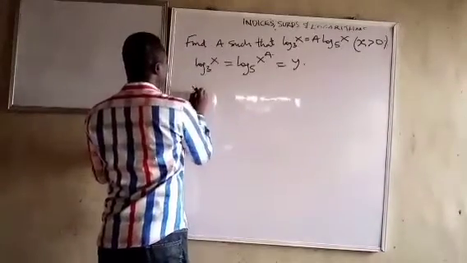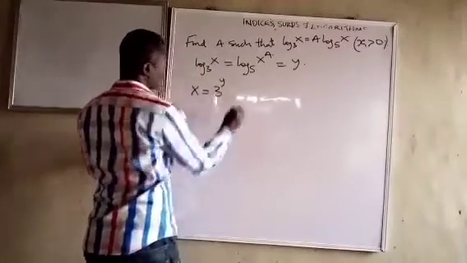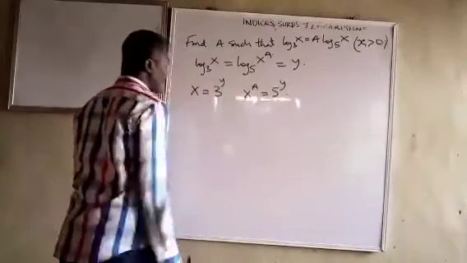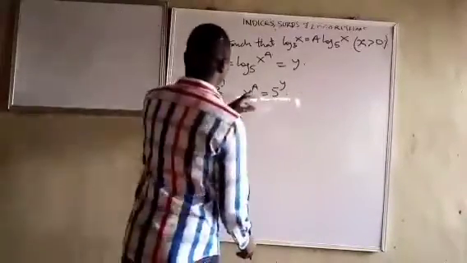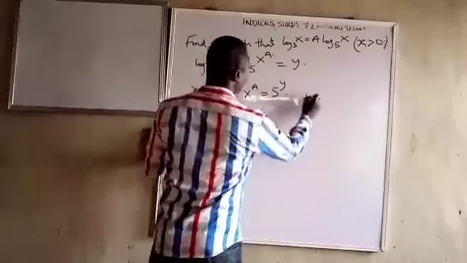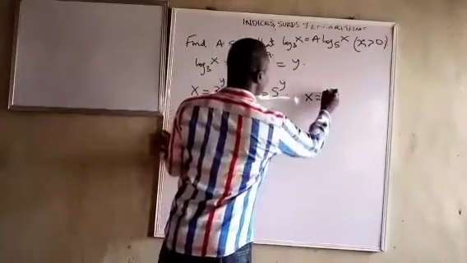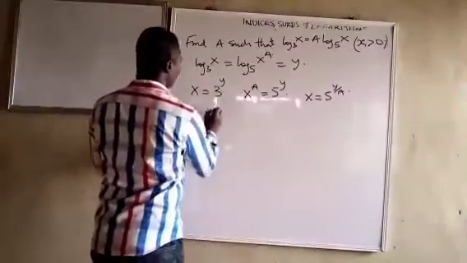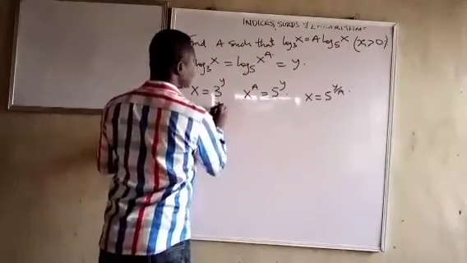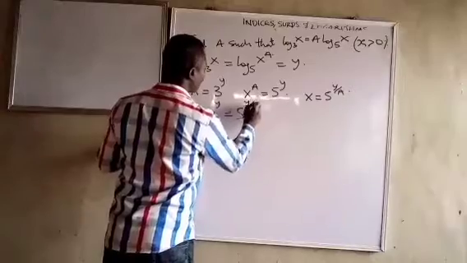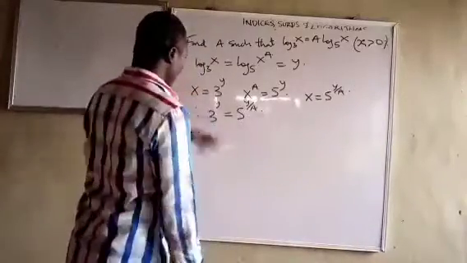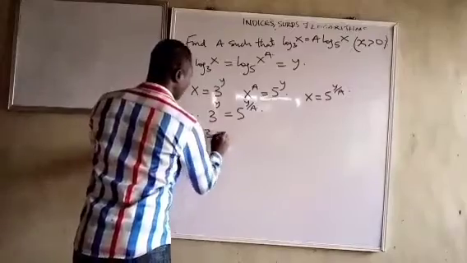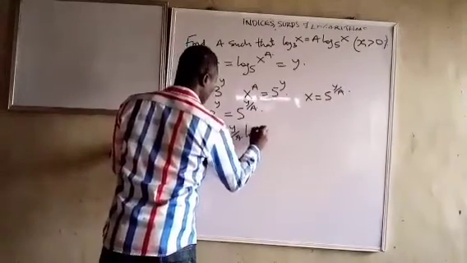Therefore, x equals 3 raised to power y. x raised to power a is equal to 5 raised to power y. So here again, x is equal to 5 raised to power y over a. Therefore, 3 raised to power y is equal to 5 raised to power y over a. Now you can say y ln 3 is equal to y over a ln 5.